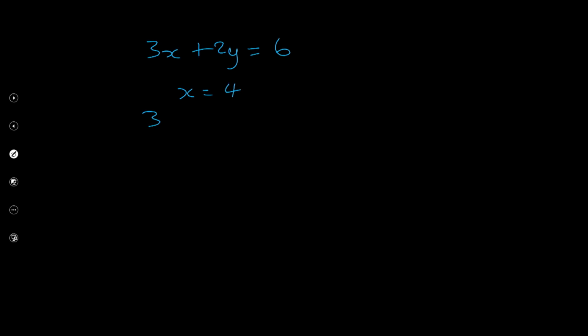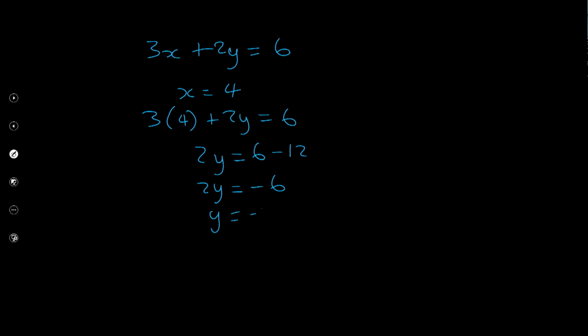So this will be 3 multiplied by 4 plus 2y equal to 6. 3 by 4 is 12, so this will give me 2y equals to 6 minus 12. Then 2y will be equals to negative 6. Then my y will be equals to negative 3. And then the unique pair that satisfies this will be the 4 and the negative 3 as my answer there.